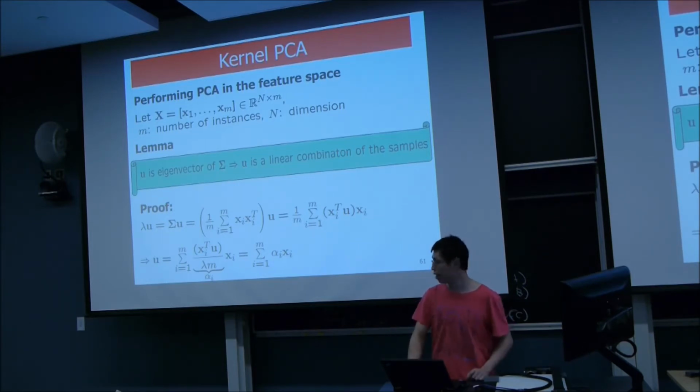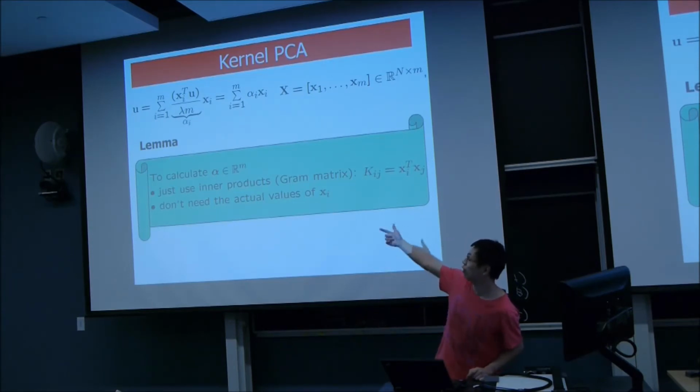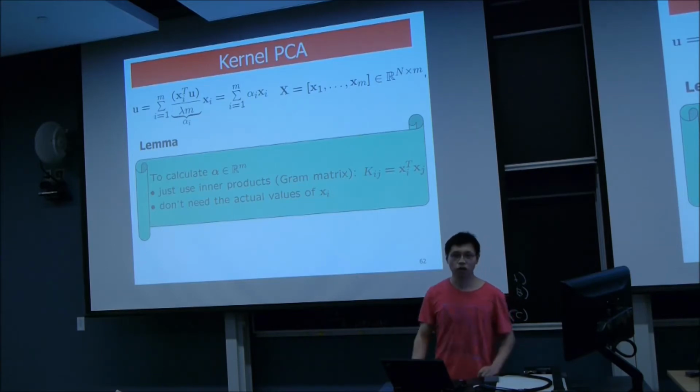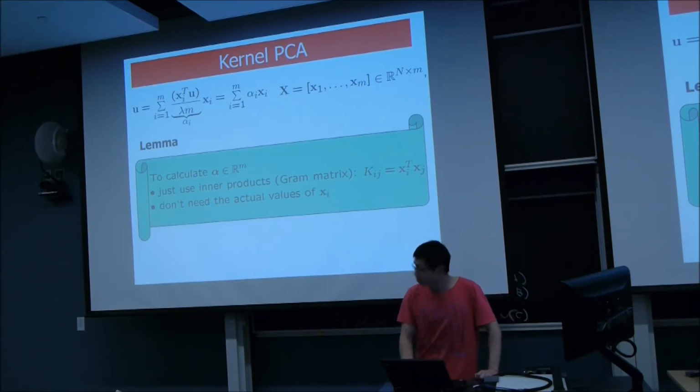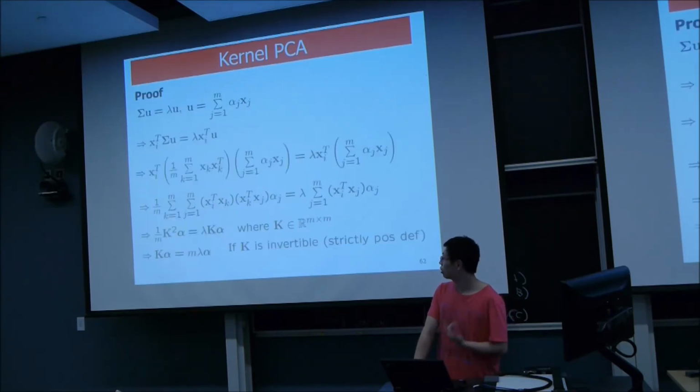So now we have a linear combination of the samples for the singular vectors. The next job is how to find the alpha. Because we only have inner products here, we first show that.